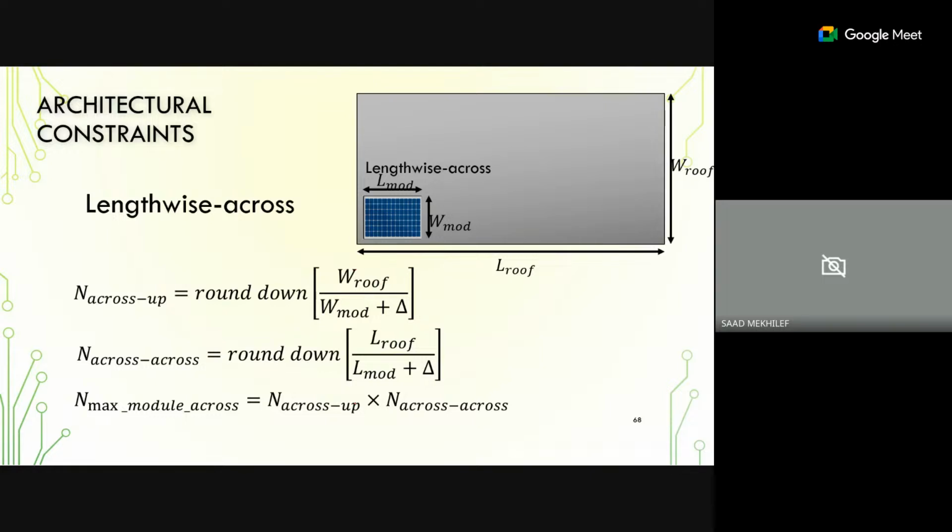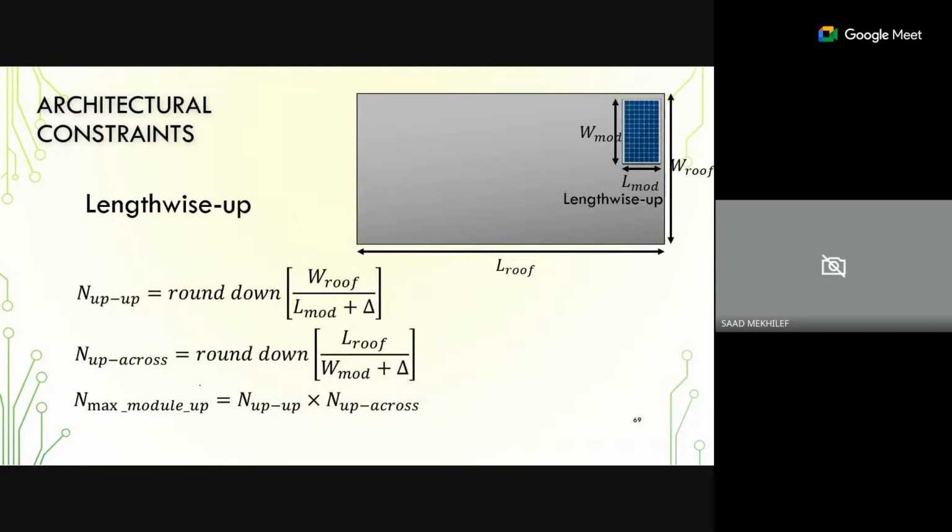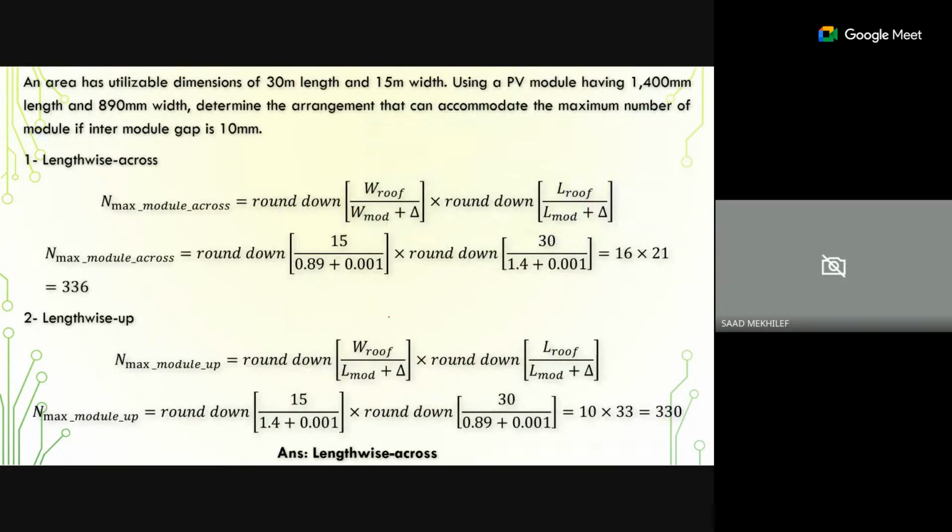I think this is quite simple, you know. I don't want to waste a lot of time on this. This is the width. So this is to get the number of modules. So we calculate the number of modules.